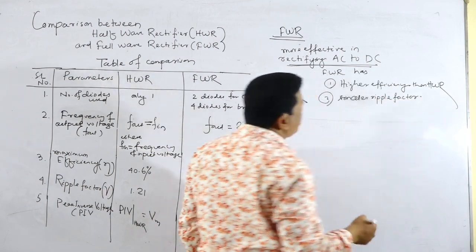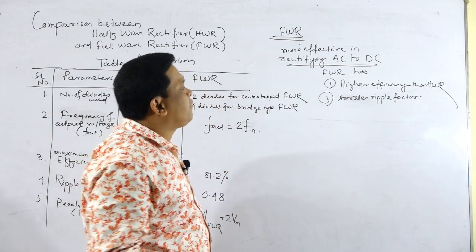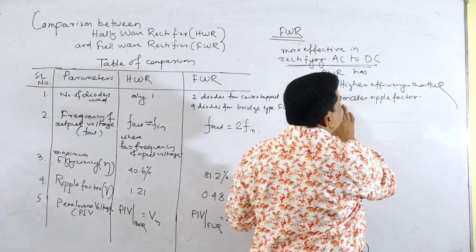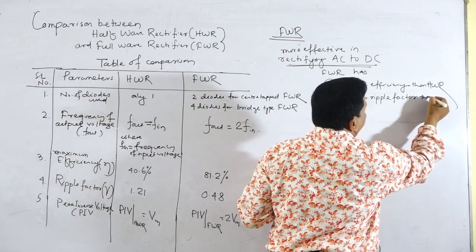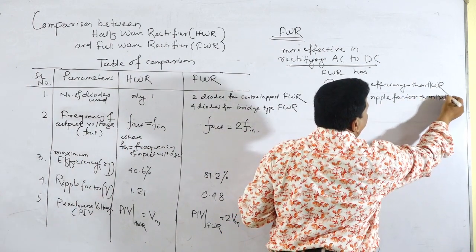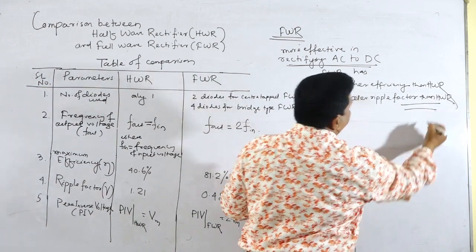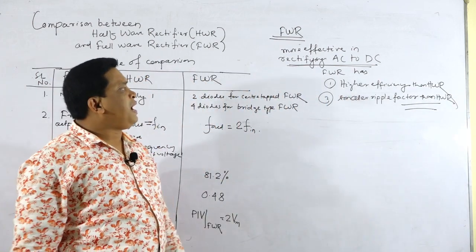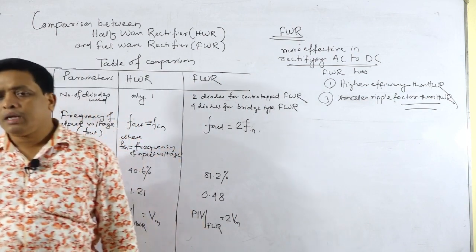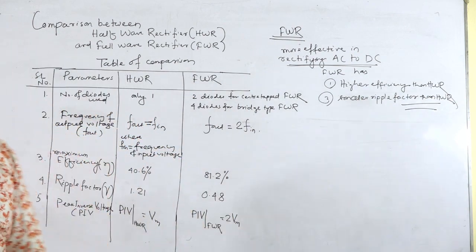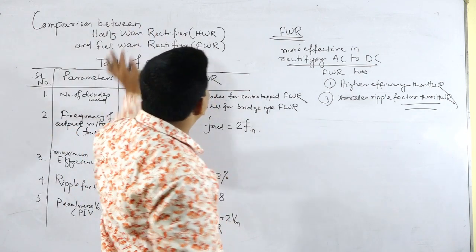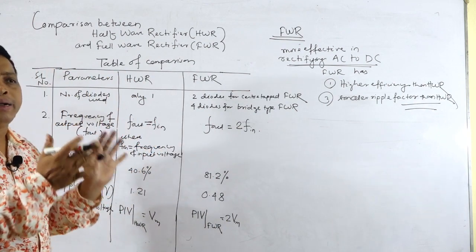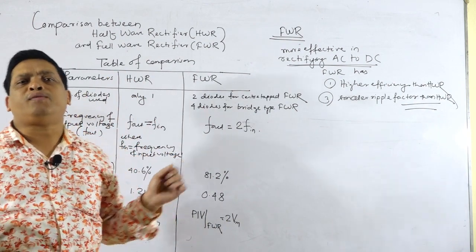Smaller ripple factor means it has less AC components at the output than half wave rectifier. So we find that the full wave rectifier is more effective in rectifying AC to DC. So, we have compared the half wave rectifier and full wave rectifier.